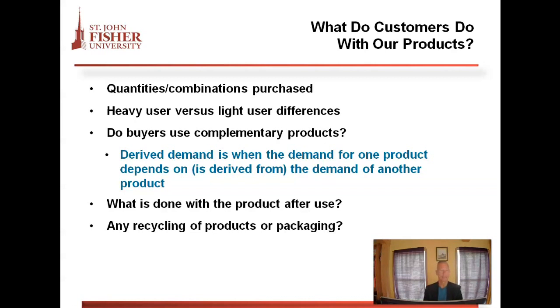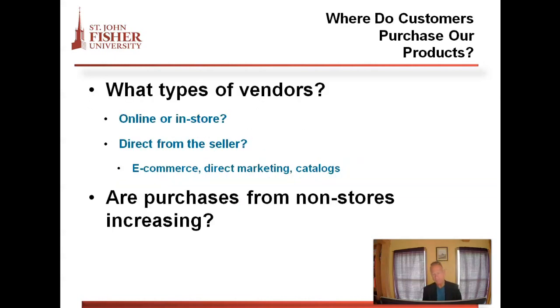Steel is a derived demand based on heavy machinery, etc. What's done with our product after use? Do they recycle it? Do they resell it? Is there an aftermarket for our products? And then also packaging. Packaging is part of marketing's responsibility. And do we need recyclable packaging, etc.?